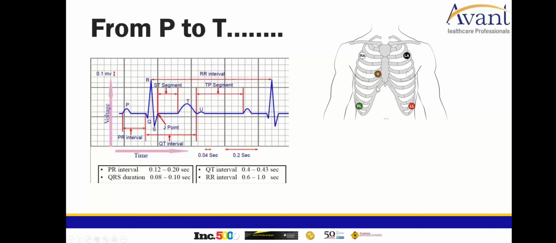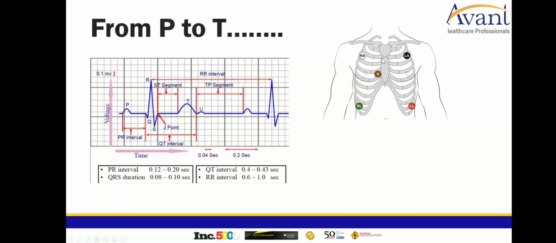I also put a picture here of what telemetry leads might look like. Now there's an important factor to keep in mind as the impulse travels down the heart. Remember, the heart has an elliptical shape, how it sits in the middle of the chest cavity. The impulse will travel usually from the right arm, down this way, as you can imagine what the heart looks like. So you have a positive lead down here and a negative lead up here.